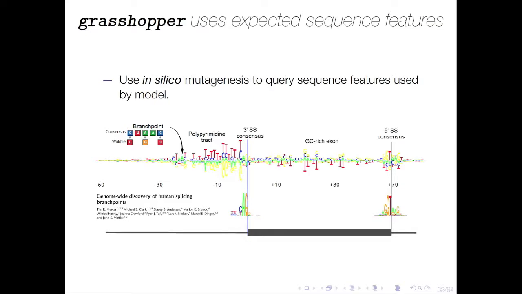So what I'm showing here are those changes. For example, if the letter is above the x-axis, that means that changing to that nucleotide increases the predicted splice site strength by that amount. And if it's below, then changing to that nucleotide corresponds to a decrease.